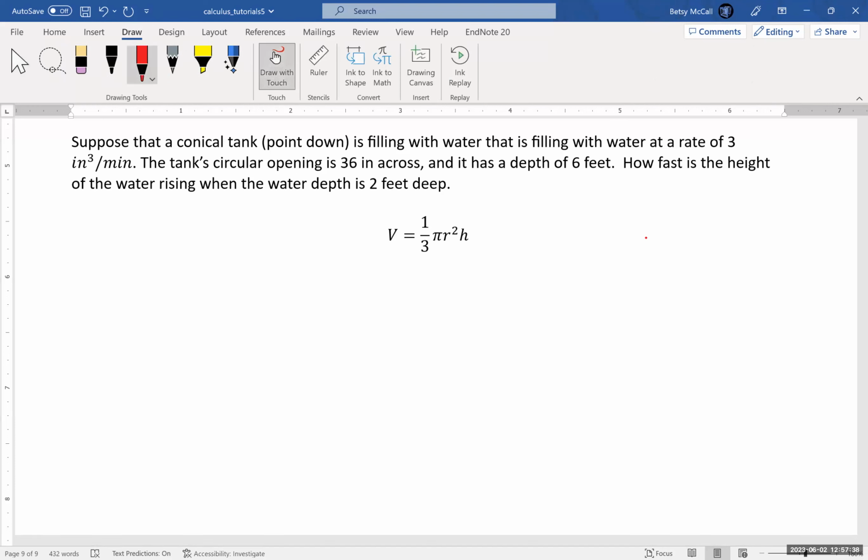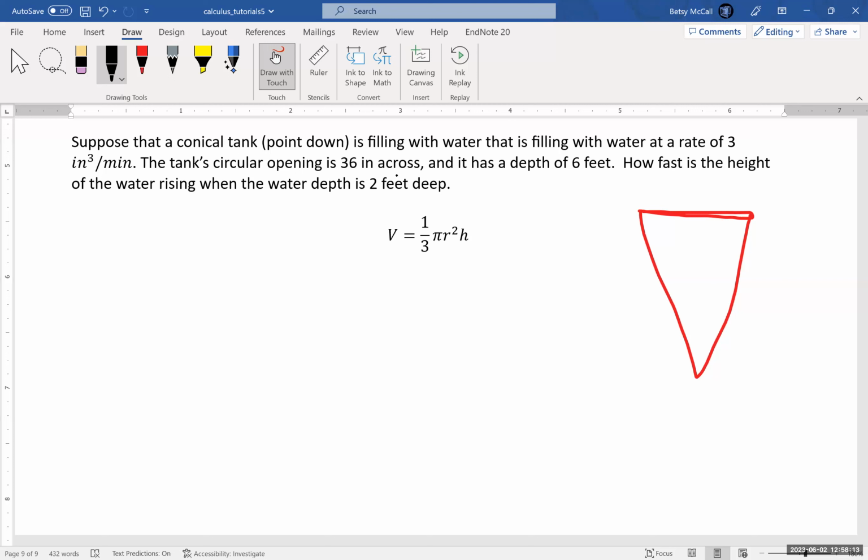So if I draw my cone, again, the problem says that the point is down, so this is our cone. And the other thing that we need to keep in mind about our cone is that in this particular problem, we have to be careful about the units that are being provided to us, because some of them are given in inches and some of them are given in feet. So we'll need to convert everything to the same unit.